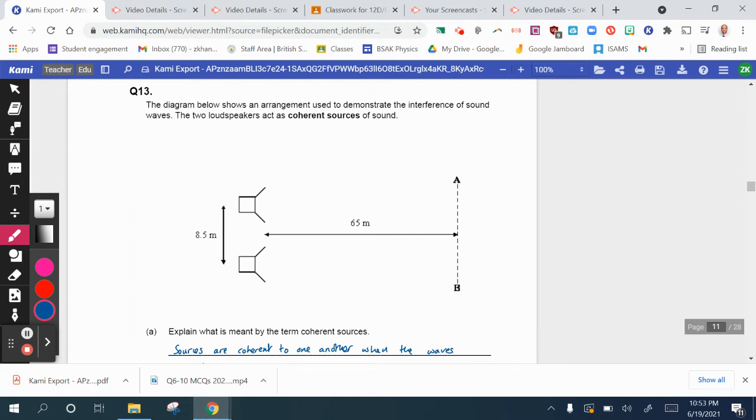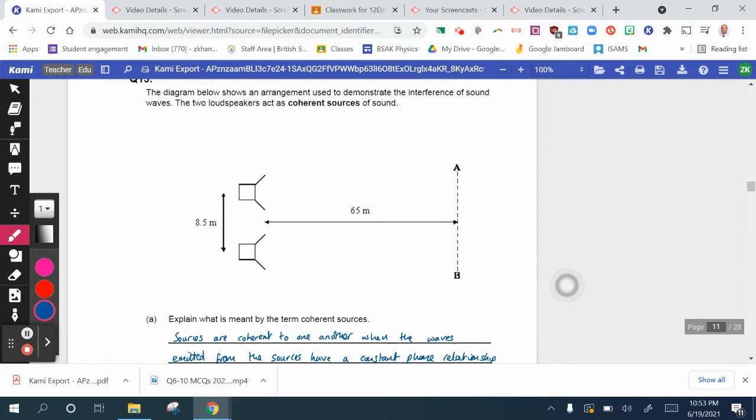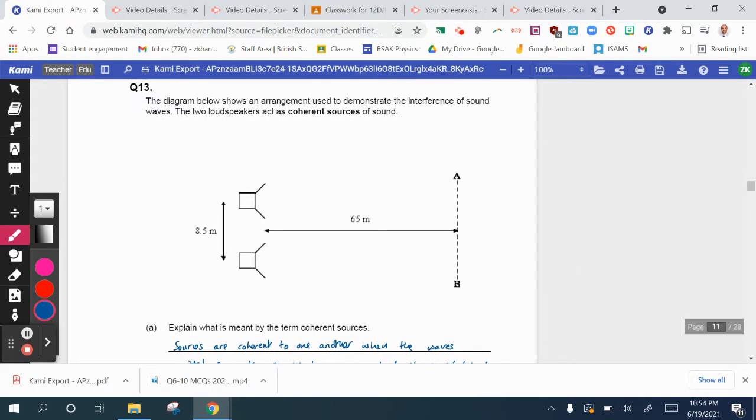Question 13. So we've got a diagram in the following arrangement: speakers here, 8.5 meters away from each other. You've got a position AB, which is 65 meters at a perpendicular distance from the center of the two speakers.